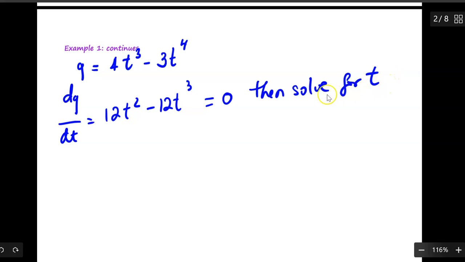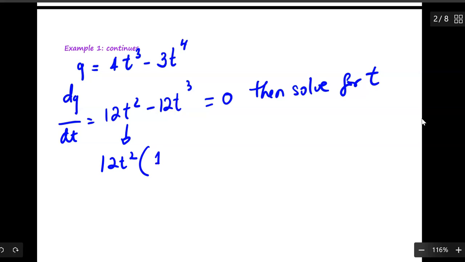However, in this case, we will find two solutions for t. So I am going to set this equal to 0, and at the same time, I will factor out what I can factor. For this equation, I can factor out the 12t squared.